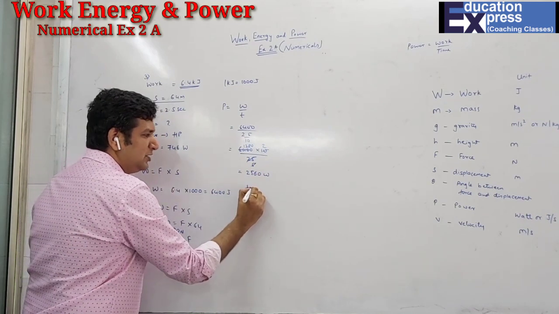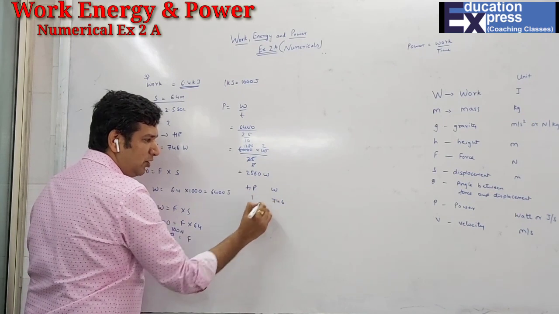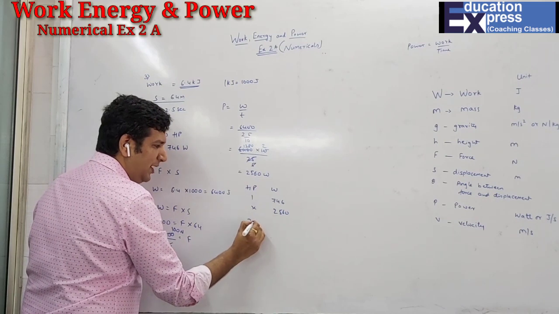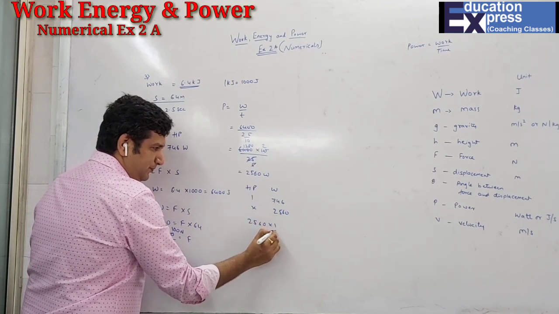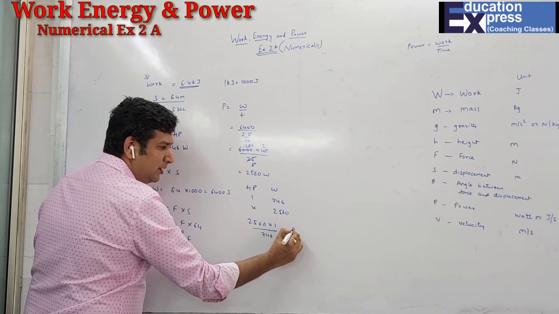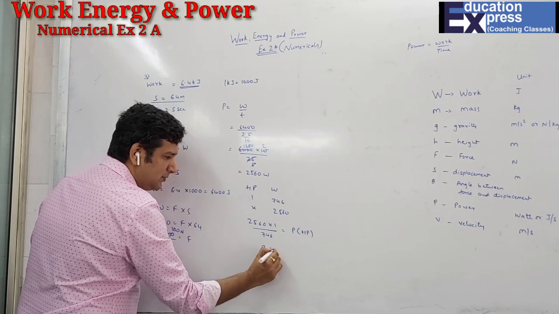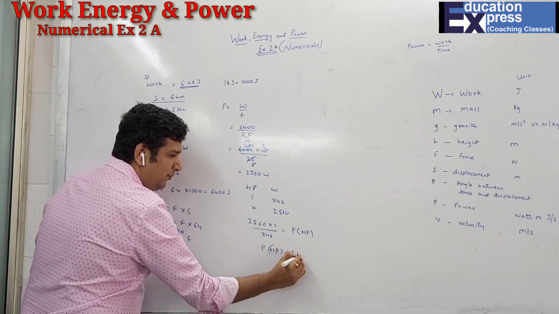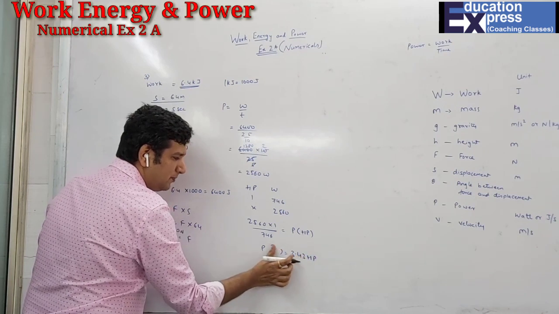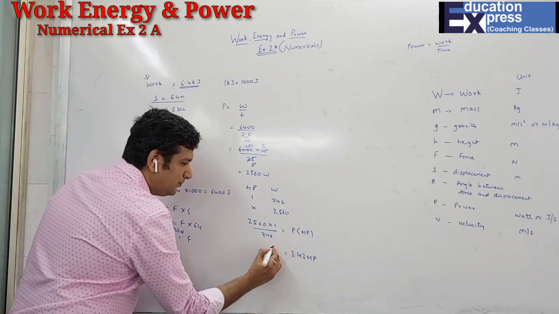Now we have to convert this into HP. Write HP and watt. 1 HP is 746 watt. So 2560 will be how many, X? Cross multiply. 2560 upon 746 is your power in HP. So when you divide this, you get the answer as 3.43 horsepower. So power is 3.43 HP.